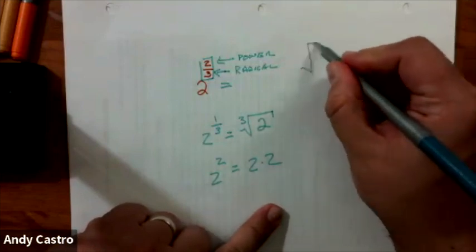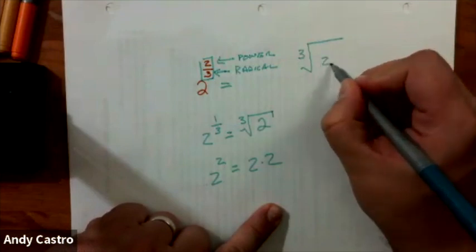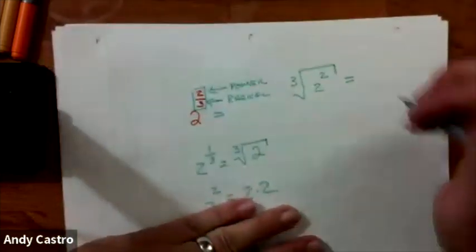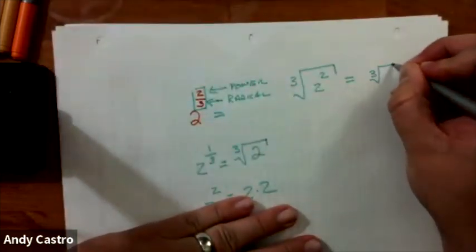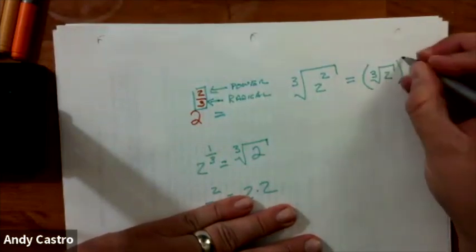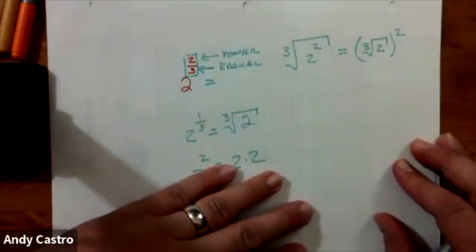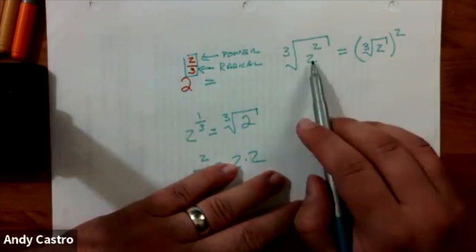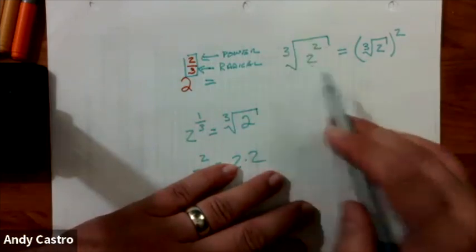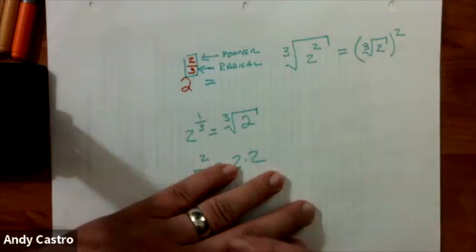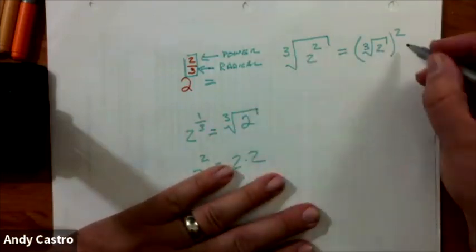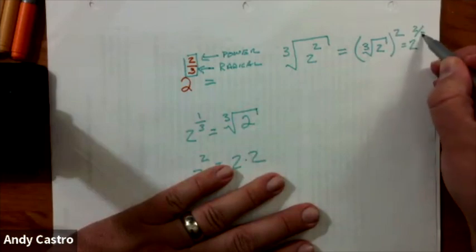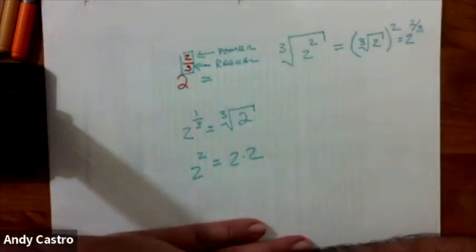We can say the cubed root of 2 squared, or we can say the cubed root of 2, squared. Those are the same thing. We can do 2 squared, and we want the cubed root of that, or we can do the cubed root of 2, and we want that squared. Both of those are expressions of 2 to the 2/3.